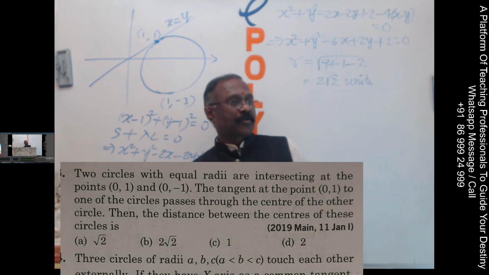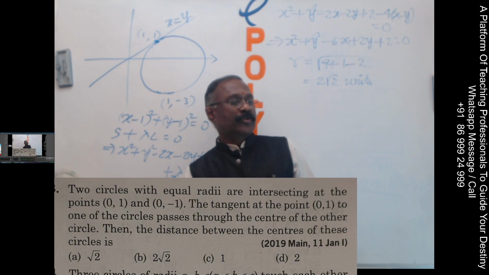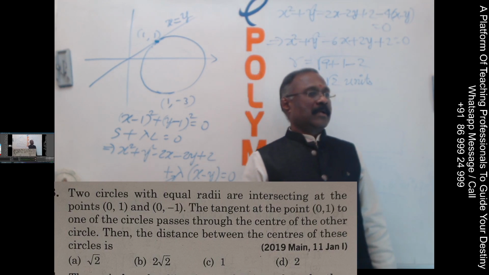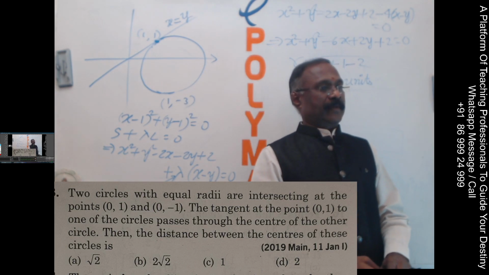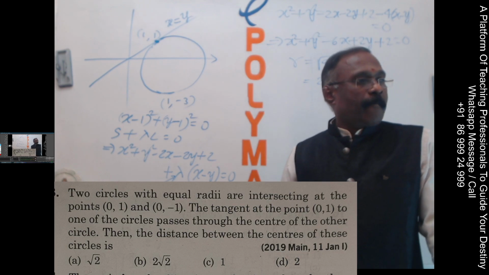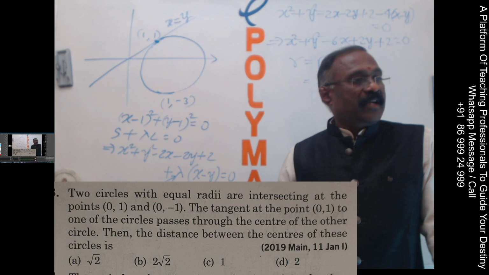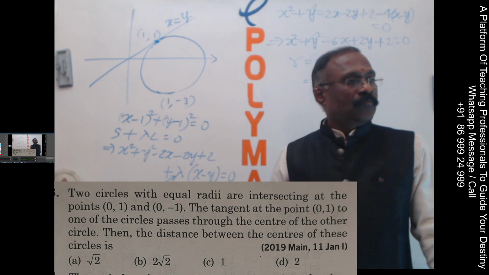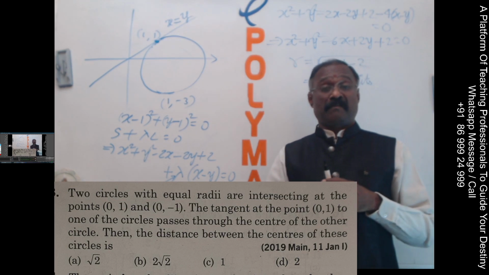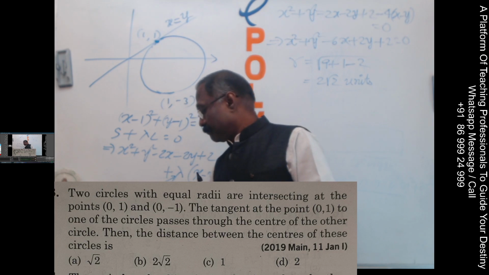I'm displaying the first question. Two circles with equal radii are intersecting at the points (0, 1) and (0, -1). The tangent at the point (0, 1) to one of the circles passes through the center of the other circle. Then the distance between the centers of these circles is. See the level of the question there.